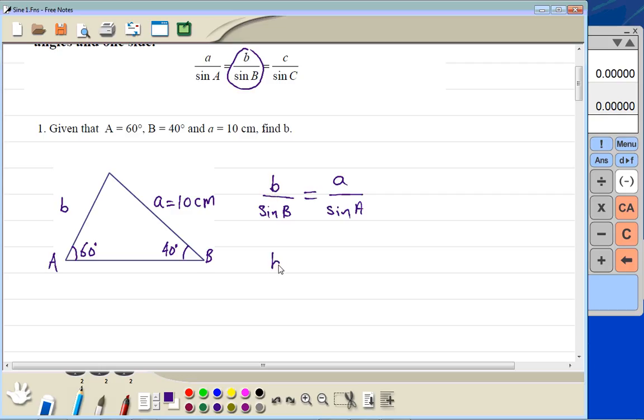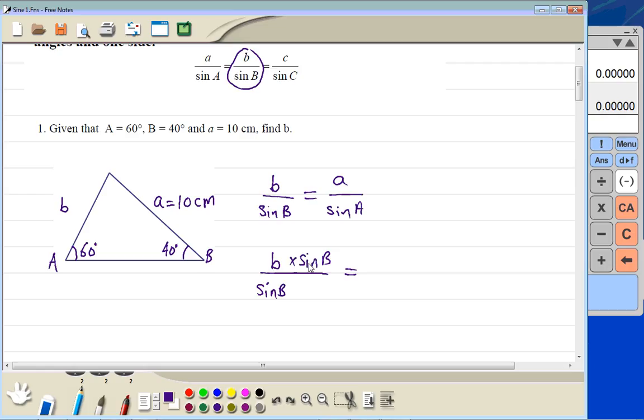So we have B here, then on the bottom we have sine of angle B, and we need to get rid of this, so we can multiply the top by sine of angle B. So this is just that fraction.